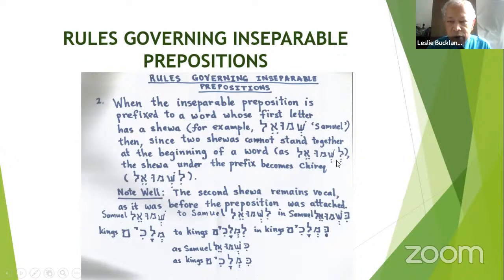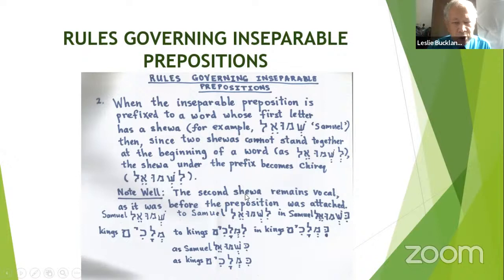Now, in order to solve this problem, the schwa under the prefix, that is under the lameth, becomes hirik, that is the short vowel I. So instead of having two simple schwas, one after the other, the first simple schwa, which is under the inseparable preposition, is lengthened from a simple schwa to the short vowel I. So you have li Shemuel, li Shemuel.